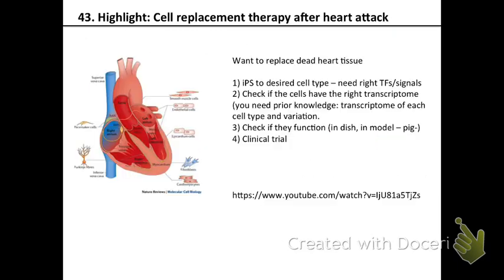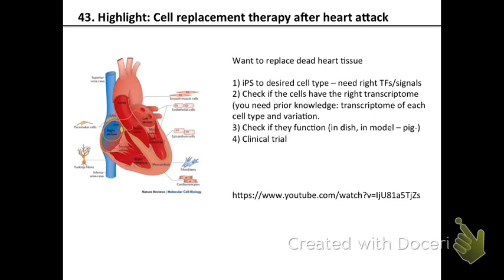All right, so this is the last slide. You can also use this kind of technology for cell replacement. For example, when patients have a heart attack, some of the cells in the heart die, so you want to replace these cells. But you want to replace these cells with the right cell type, right?